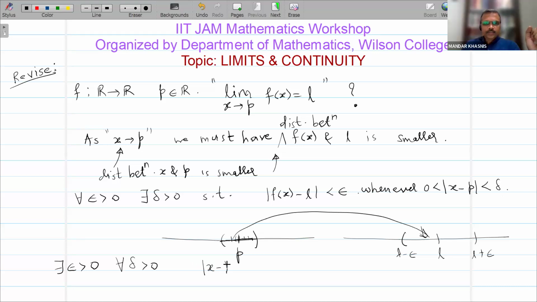Okay, I'll write: the distance between x and p is less than delta, but the distance between f(x) and L is not less than epsilon; it's greater than or equal to. Is this correct? Or does someone have an objection? How many of you are saying it is not correct?